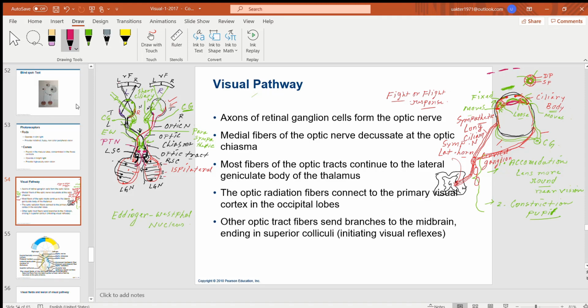So the lens will get more flat. That is the accommodation part, and the pupil will get dilated, allowing more light to enter. So that's how the sympathetic and parasympathetic stimulation activate the ciliary muscle and the iris, and help in accommodation as well as to constrict or dilate the pupil. Make sense? Okay.